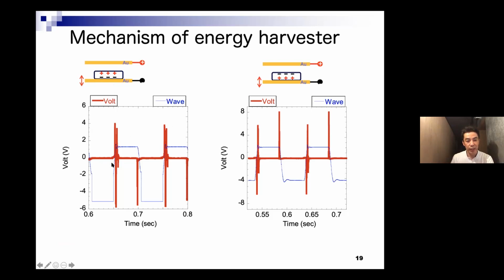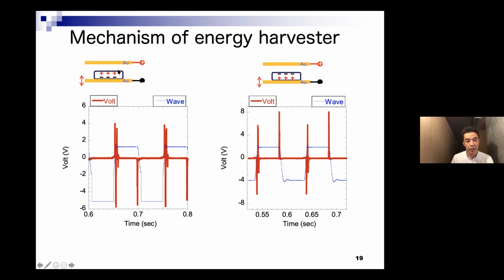The blue line is the position of the electrode, and here the electrode is attached to the electrode. There are several peaks, and here the electrode is detached from the electrode.